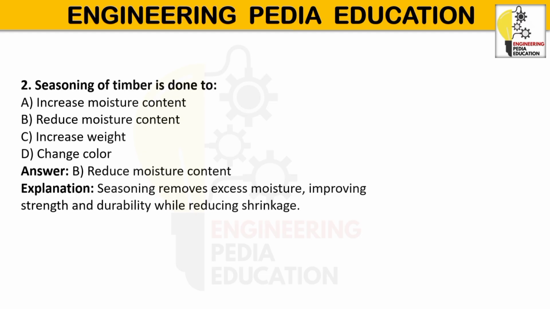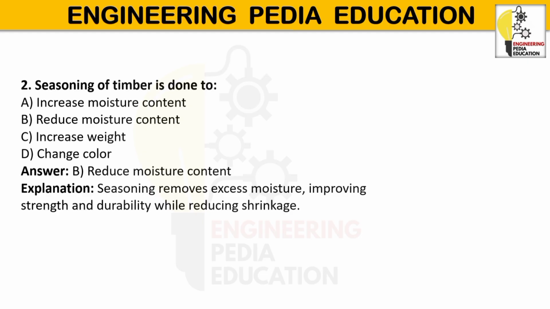Why is seasoning necessary? Seasoning increases the strength and durability of timber, prevents shrinkage, swelling and warping, improves resistance to fungal attack and insects, reduces the overall weight of wood making it easier to handle, and enhances the quality of painting, polishing and preservatives.